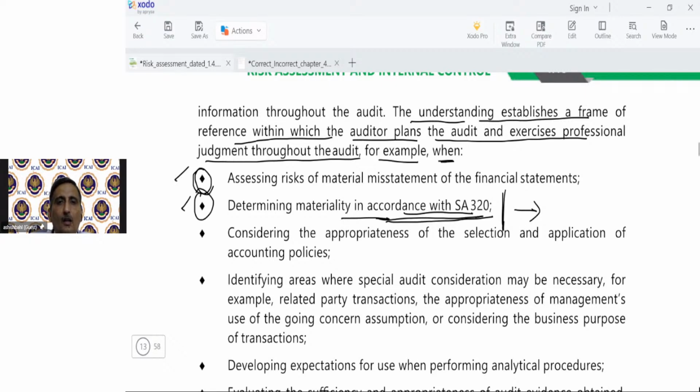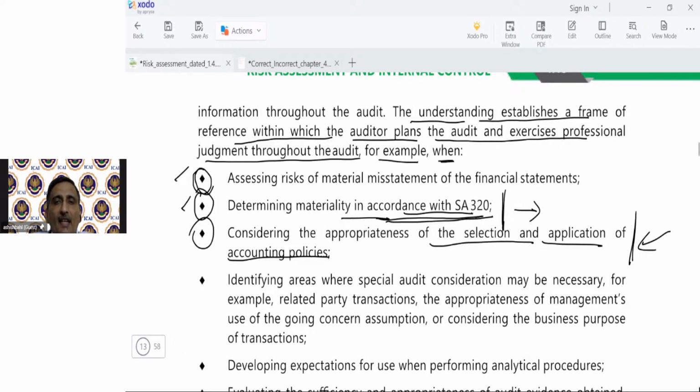Considering appropriateness of selection and application of accounting policies. Now, whether the chosen accounting policies are appropriate or not would again depend upon the nature of business of the company.